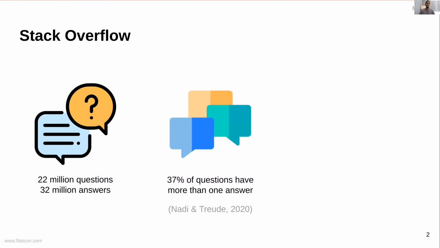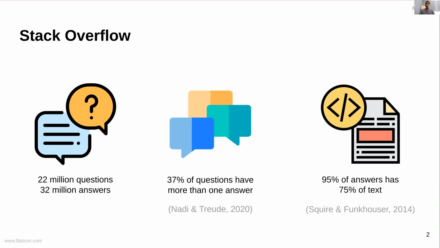For example, 37% of the questions analyzed in this study contain more than one answer, and the average length of an answer is around 800 characters. In another case, 95% of the answers contain 75% text. So these findings indicate that Stack Overflow threads could contain multiple answers, and those answers contain longer textual descriptions.